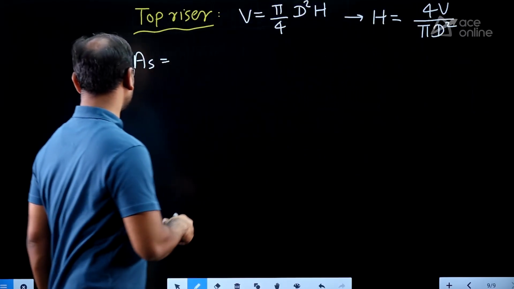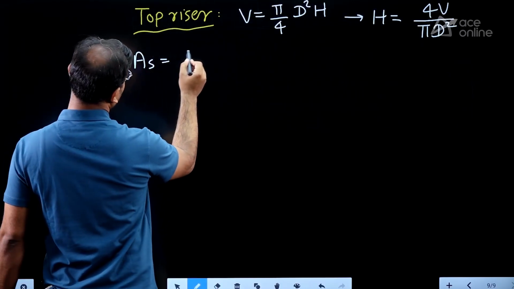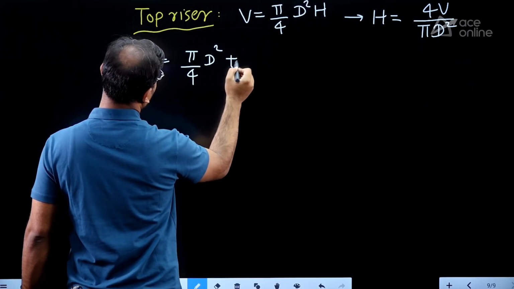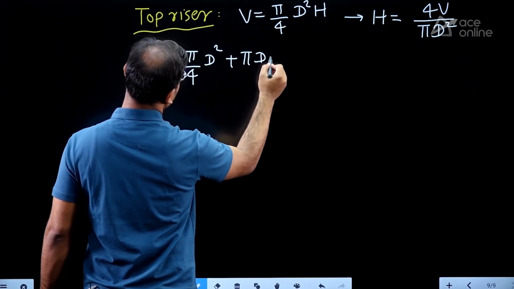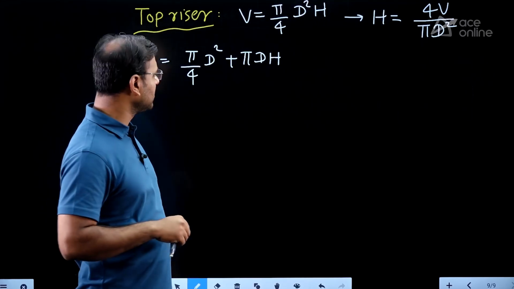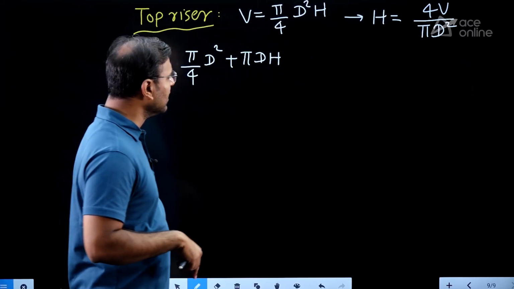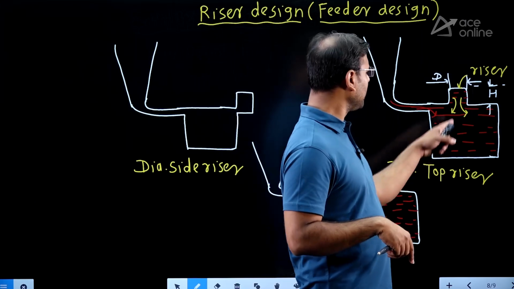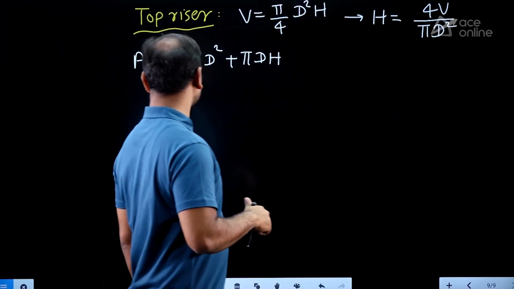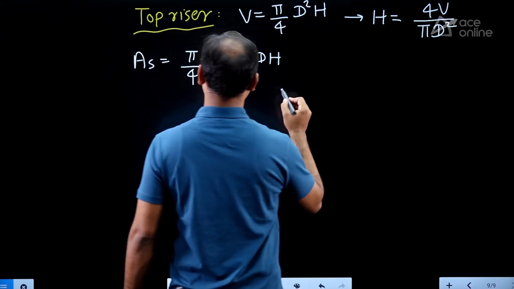That area only we have to take. The top area, a circle, is pi by 4 d square, and the curved area is pi dh. The bottom area is not transferring heat because at the bottom the molten metal is there.